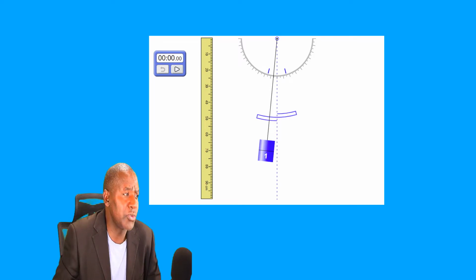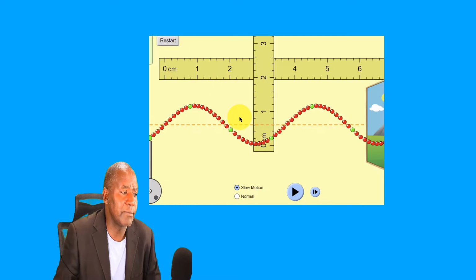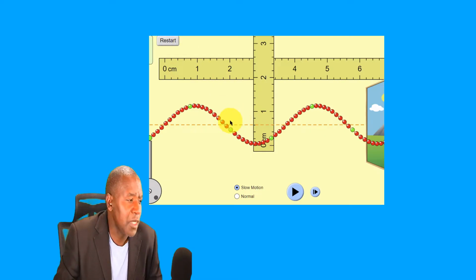Let's go back to the wave that we had here. How would this complete oscillation look like? Maybe from some point here, it makes the first quarter, second quarter, third quarter, fourth quarter.